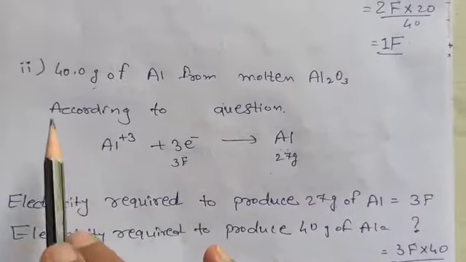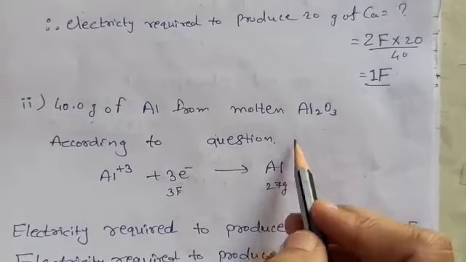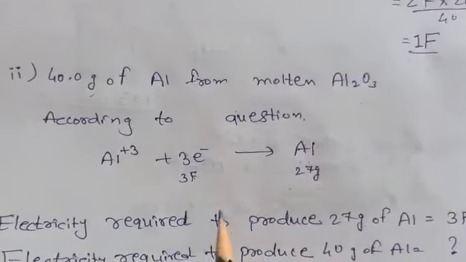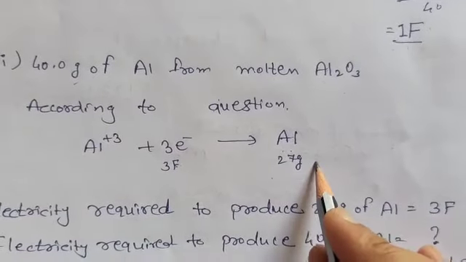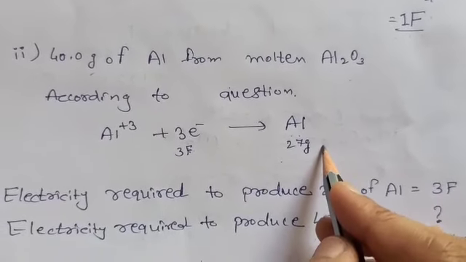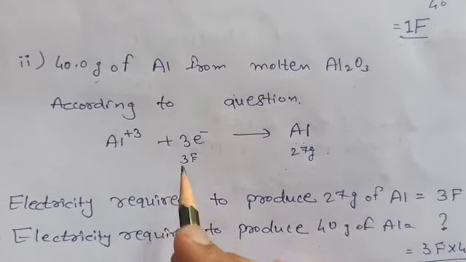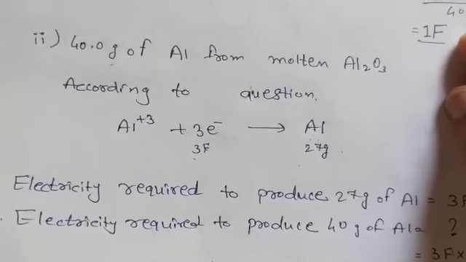Second question. 40 gram of Al from molten Al2O3, right? In Al2O3, the oxidation state of Al is +3. So we can write that Al+3 plus 3 electrons, it gives Al, right? So we require 3 Faraday electricity for the deposition of 27 gram aluminum, right?